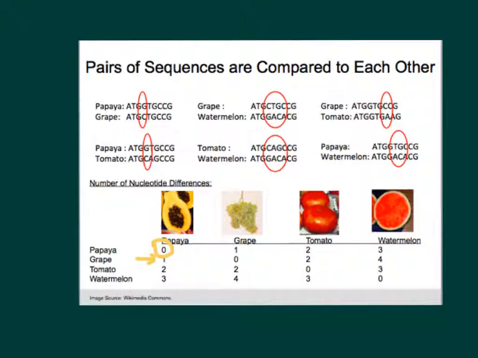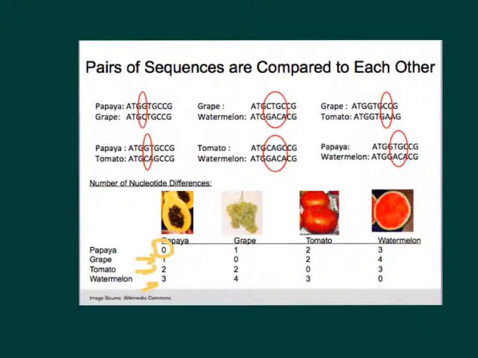The tomato to papaya is 2 differences, and the watermelon to the papaya is 3 differences. So a taxonomist would look at this and determine the relationship between a papaya, a grape, a tomato, and a watermelon and say, well, with 3 differences, watermelon and papaya are more distant relatives than, say, tomato and papaya, because they have fewer things in common.